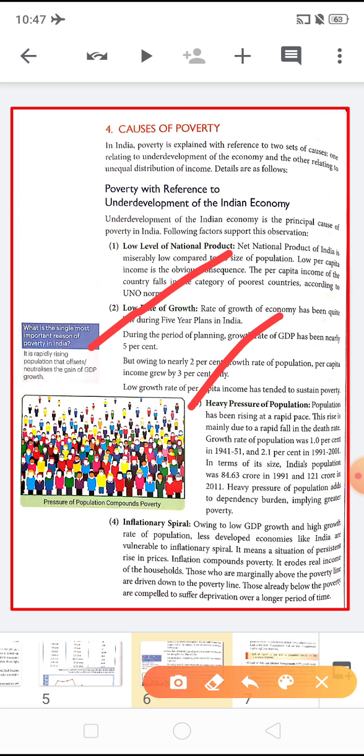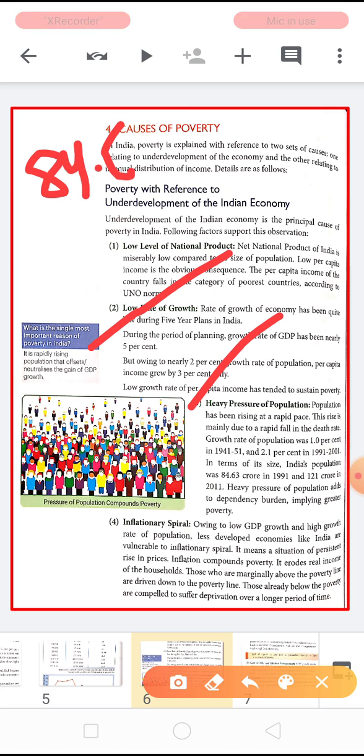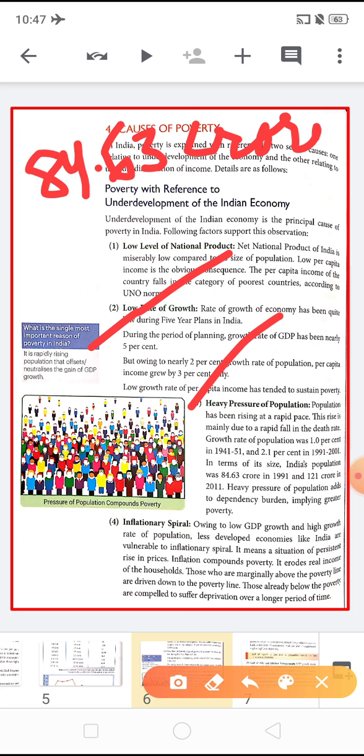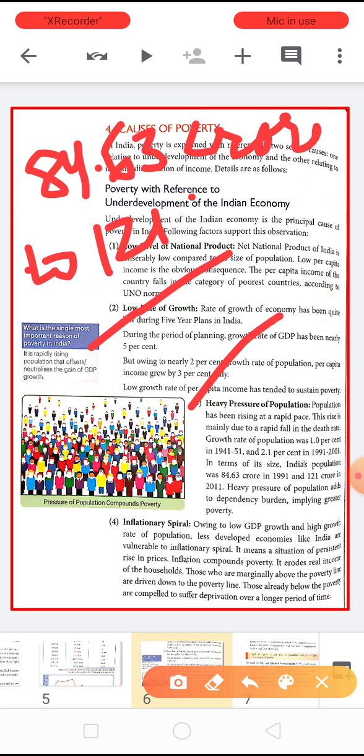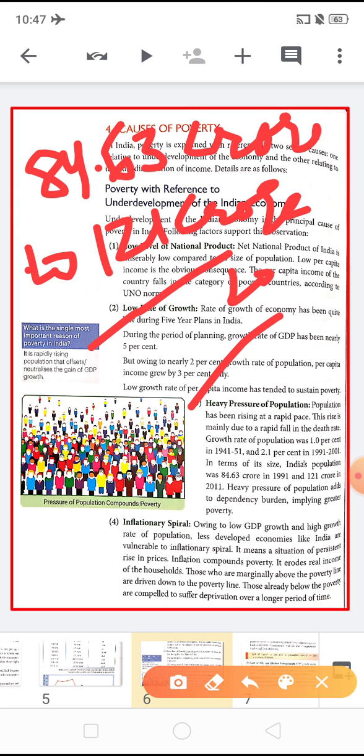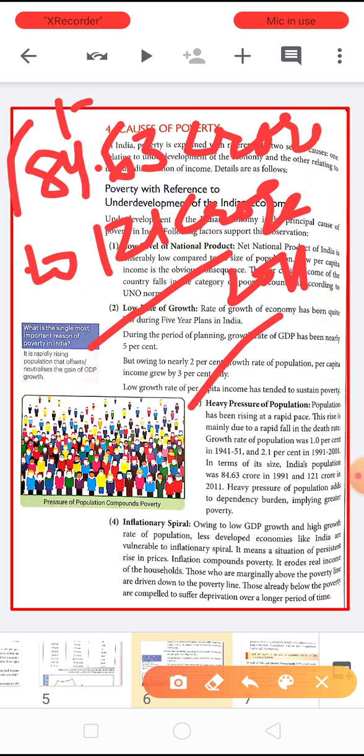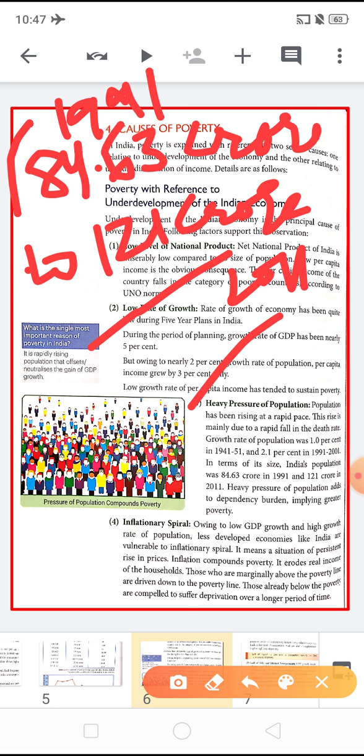So within the span of 20 years, from 1991 to 2011, the population increased from 84.63 crore to 121 crore.